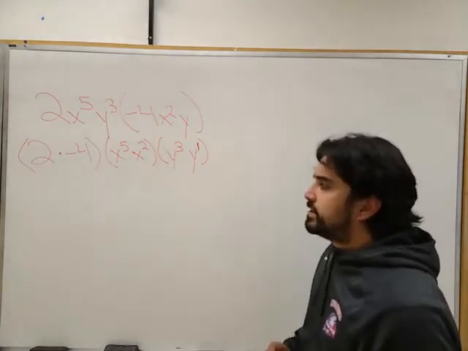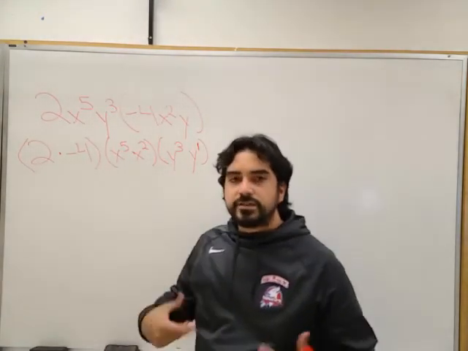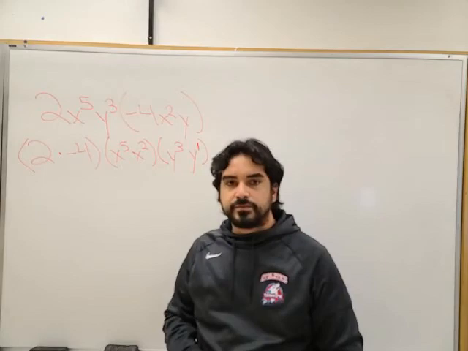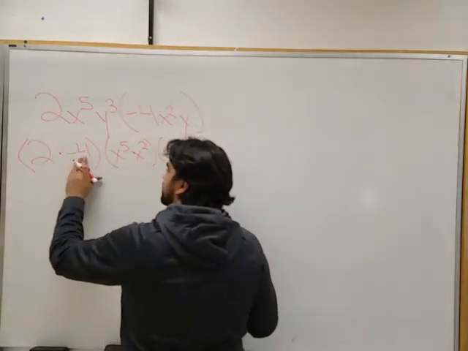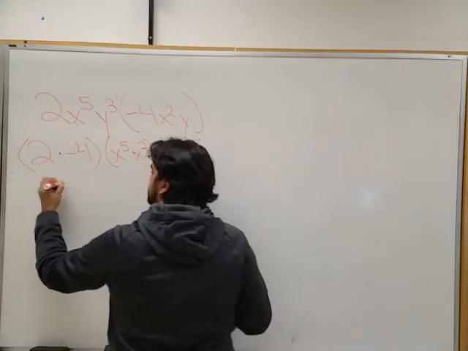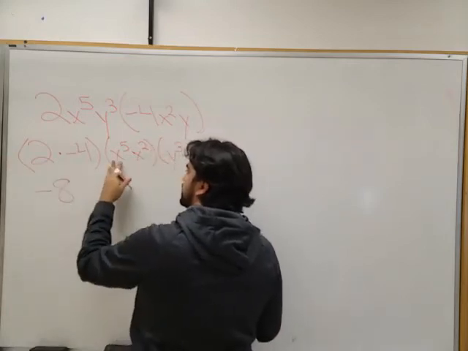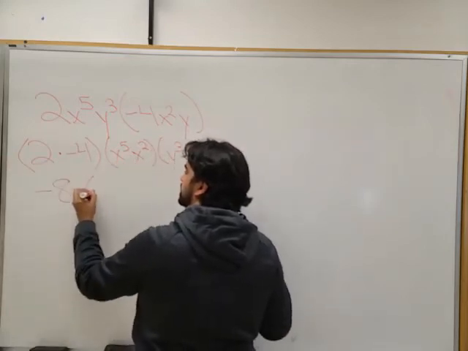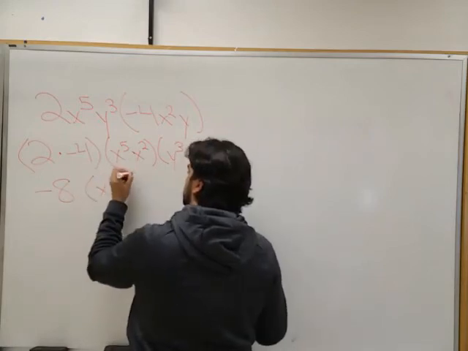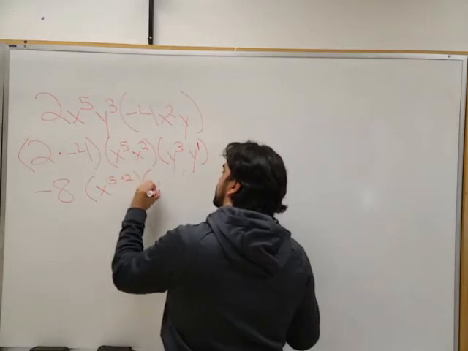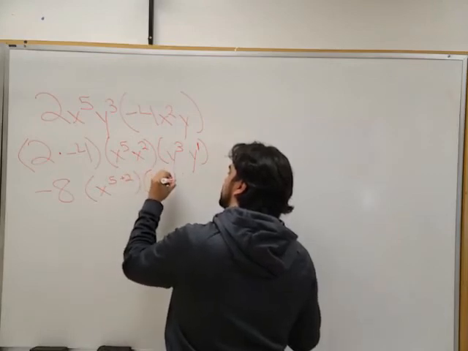Let's go ahead and get started. Remember, coefficients behave normally. So what we have is 2 times negative 4 gives you negative 8. We could rewrite this as x to the power of 5 plus 2, y to the power of 3 plus 1.